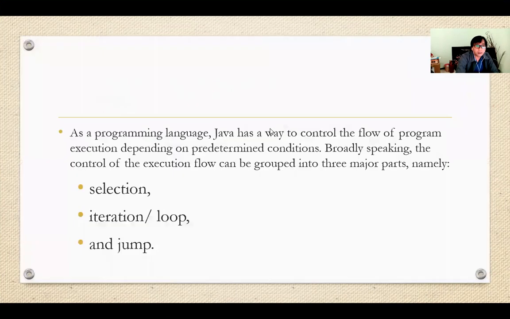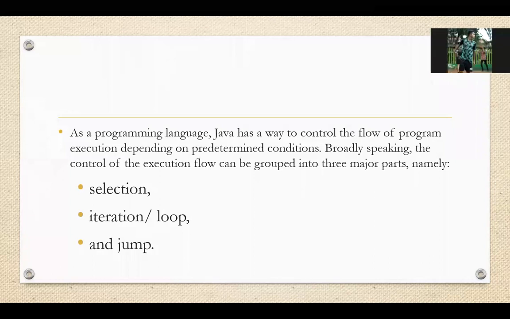Okay. As a programming language, Java has a way to control the flow of the program. Depending on the predetermined condition, broadly speaking, the control of the execution flow can be grouped into three groups.